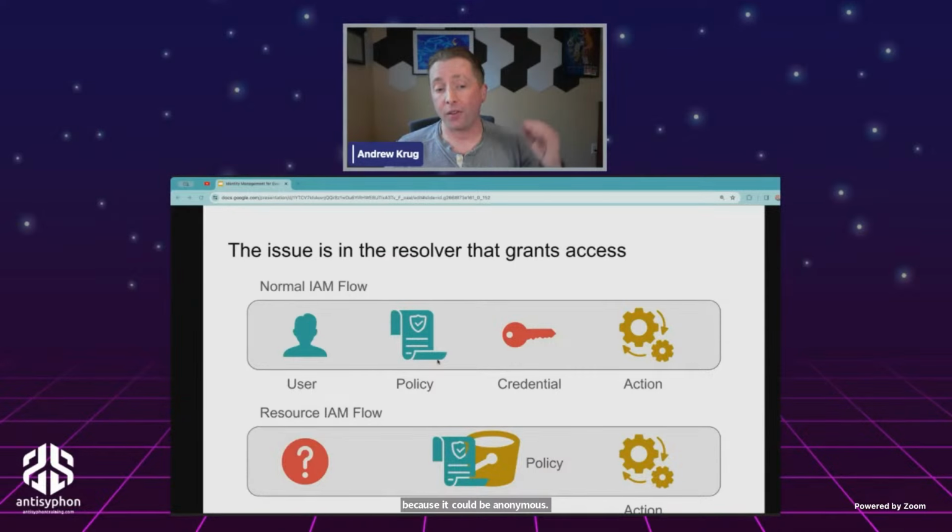So what happens is when the request comes in, the resource itself evaluates a policy that is bound to the resource that dictates under which conditions that access is allowed. So is it allowed to anonymous? Is it allowed if we don't trust the account, even if it's outside of our billing organization or boundary? And then it will either return an access denied, or it will carry out the action.